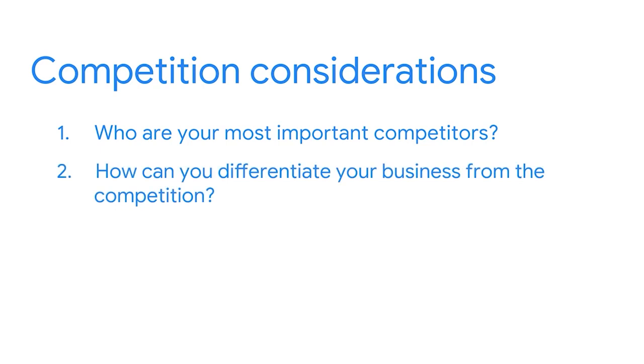How can you differentiate your business from the competition and provide a better product or experience? All of these questions help you form a better understanding of your industry and your customers. Your research findings will help you make better decisions in all areas of your business, including the types of products that you sell, the prices that you set, and how you market to customers.